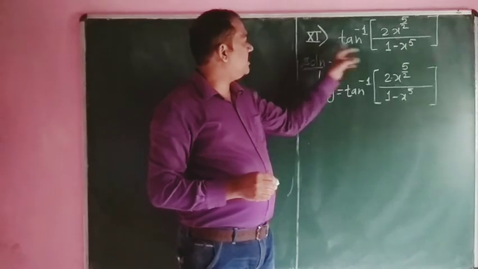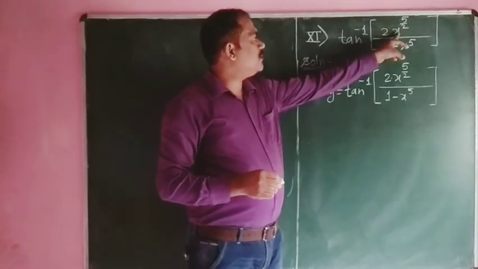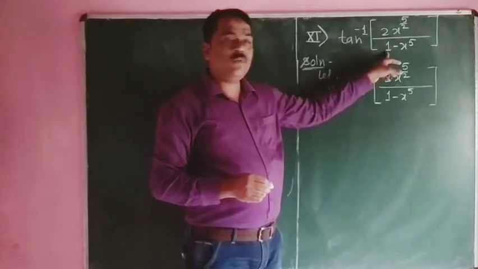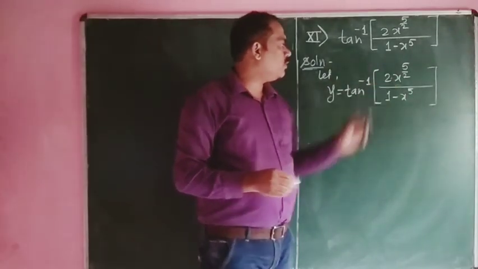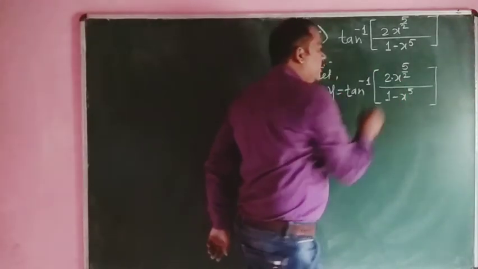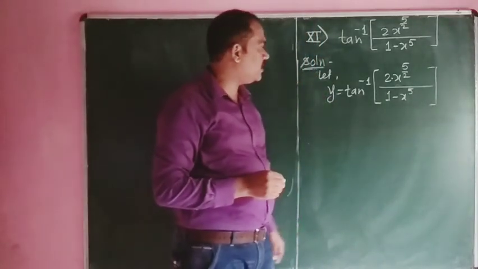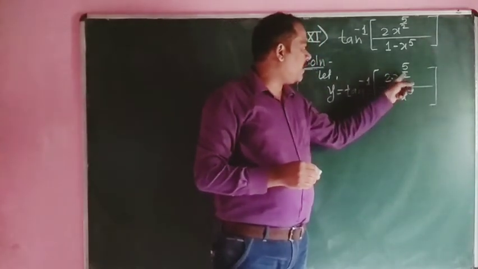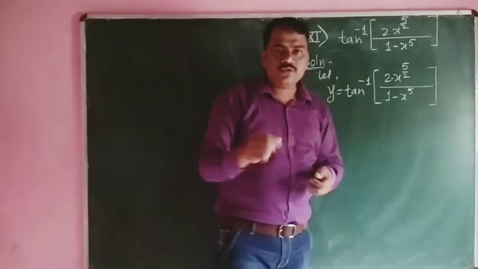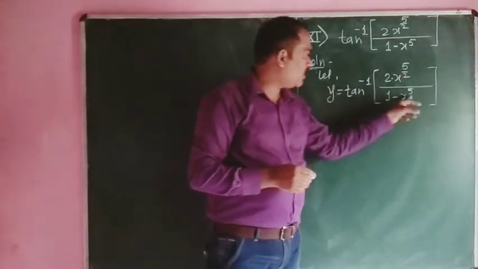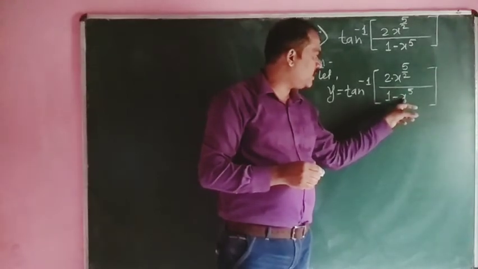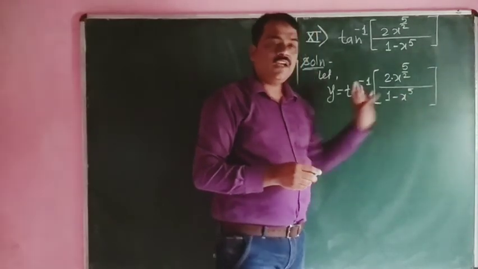Example number 11: tan inverse of 2 times x raised to 5 by 2 divided by 1 minus x raised to 5. Let y is equal to tan inverse of 2 into x raised to 5 by 2 divided by 1 minus x raised to 5. Here we have x raised to 5 by 2, and here x raised to 5. To substitute, the power of the variable must be the same. So we first make the power of this x 5 by 2.